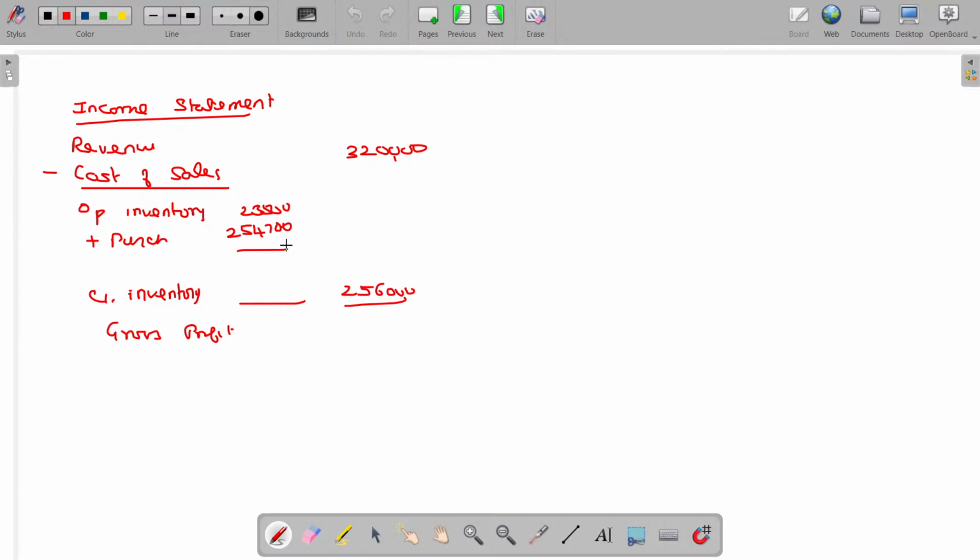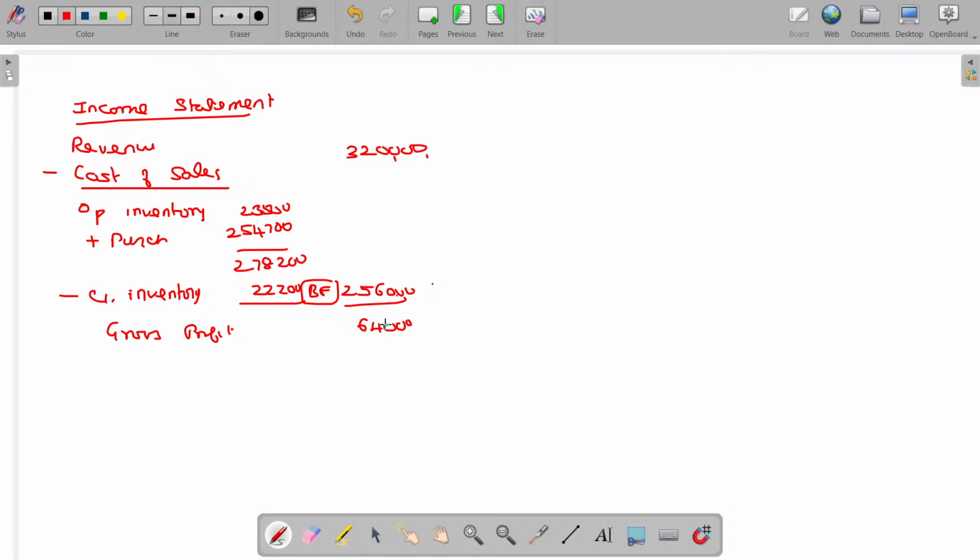If you add up these two, the value being 2,78,200. This closing inventory should be subtracted to get 2,56,000. Then what could be this value? This is balancing figure. This value being 22,200. From the revenue, cost of sales is subtracted to get the gross profit, which is 64,000.